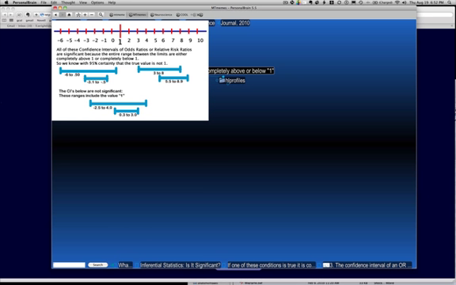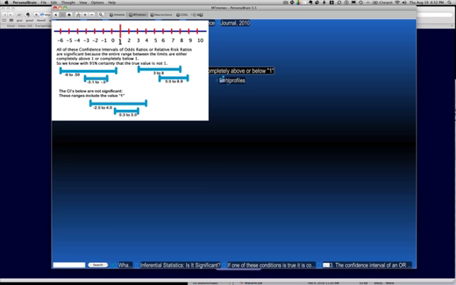The two at the bottom are ranges that overlap the middle of the scale, that is, they include the value 1, and so would be considered not significant, because within our 95% confidence interval is the value of 1, which is our null value, meaning that the groups were the same.